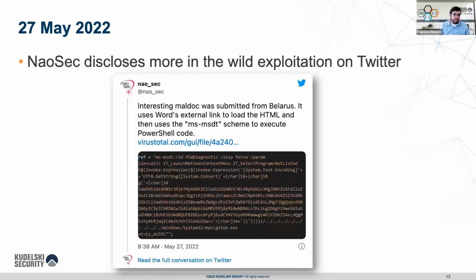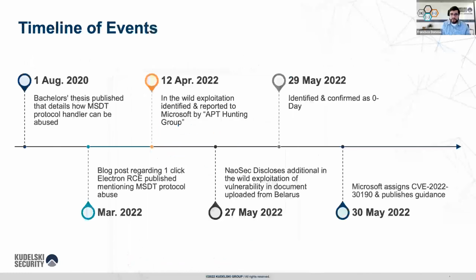After doing some checking, it looks like this has been exploited, not super broadly until recently, but it was actually being exploited by threat actors at the nation state level. So just a brief overview of this timeline. This was published in a research paper or thesis paper in August 2020. Around March of this year, we saw some abuse of this issue, targeting particularly, again, Electron applications.